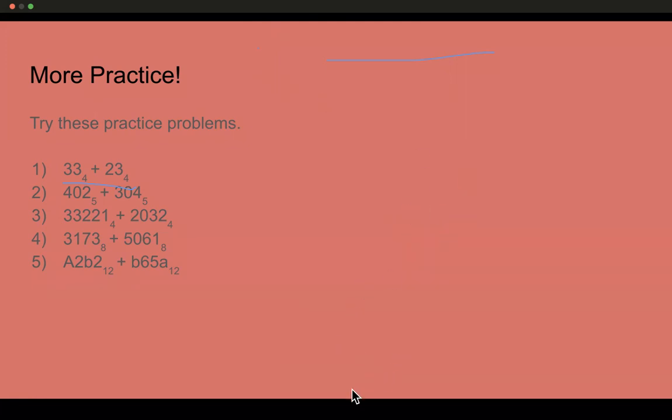Okay, so Jasper typed in the chat that he got 56 when he added the numbers together. That is right, because 3 plus 2 is 5 and 3 plus 3 is 6. So we get 56.